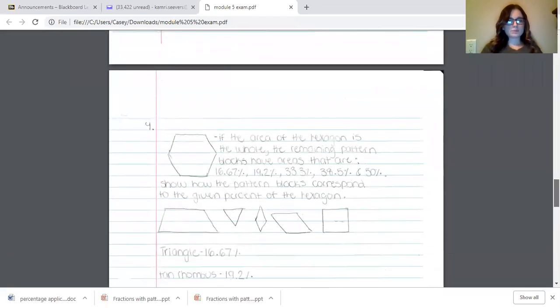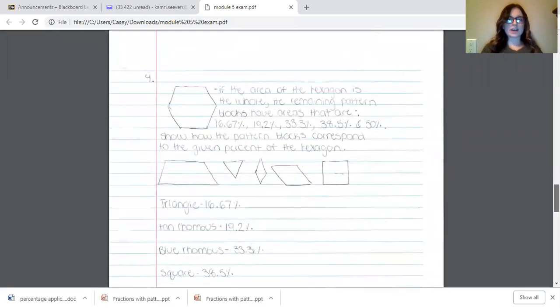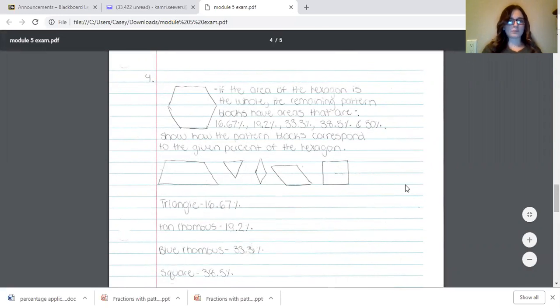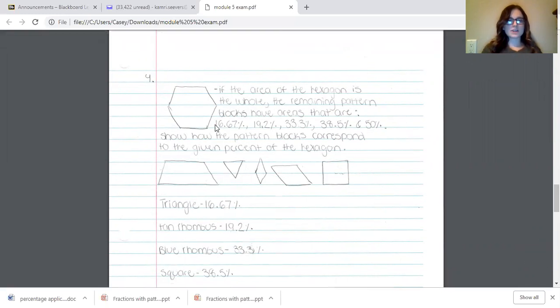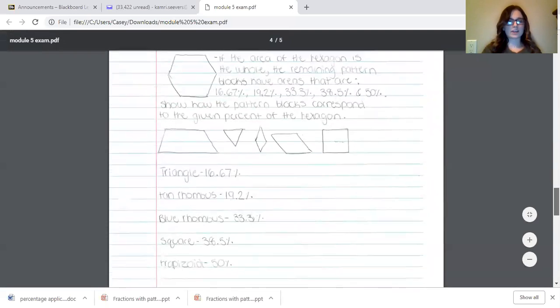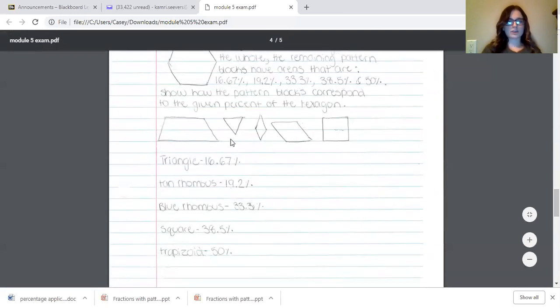For number 4, the question is, if the area of the hexagon is the whole, the remaining pattern blocks have areas that are 16.67%, 19.2%, 33.3%, 38.5%, and 50%. Show how the pattern blocks correspond to the given percent of the hexagon. And these are our 5 other shapes right here.